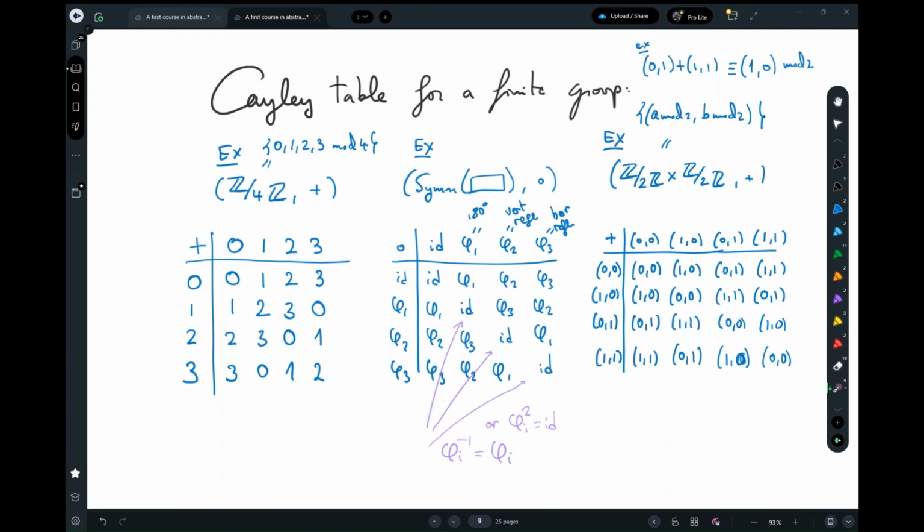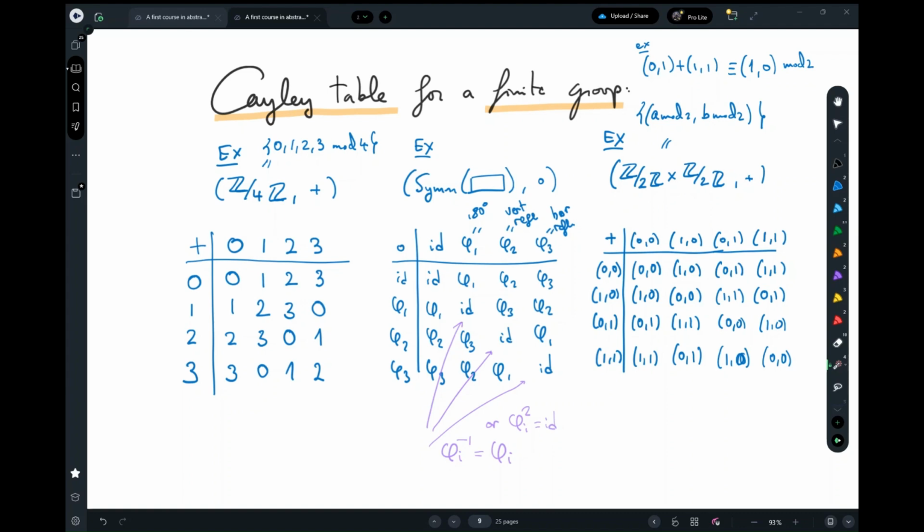That is what we're going to do in the future, is trying to classify finite groups up to what we're going to say isomorphism. And by isomorphism, we mean that this set with respect to this operation, the two look exactly the same, then they're going to be isomorphic.